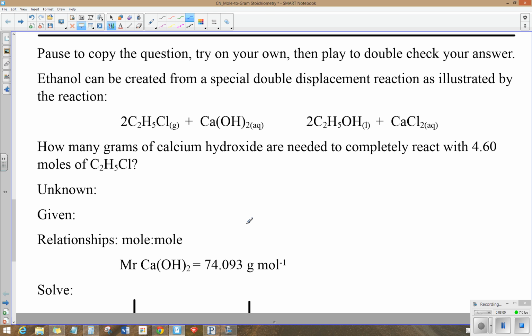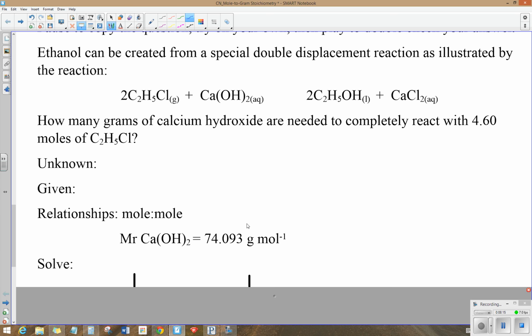So in this one here, it says ethanol can be created from a special double displacement reaction as illustrated by the reaction: 2C2H5Cl plus calcium hydroxide to yield 2C2H5OH, which is ethanol, and 1 mole of calcium chloride.